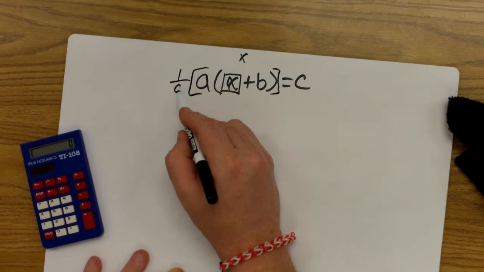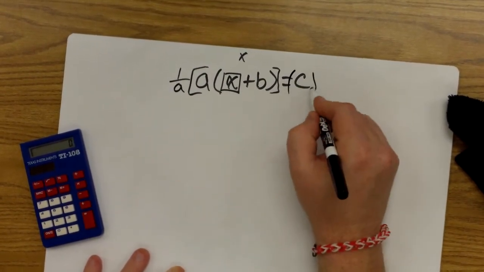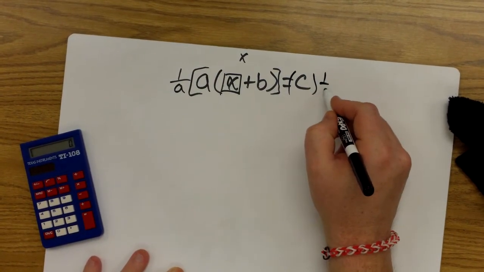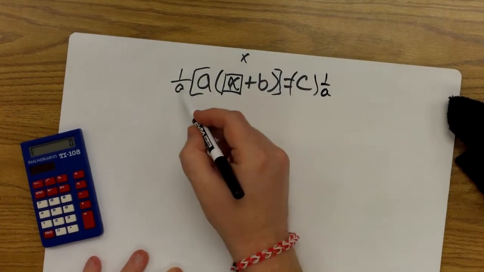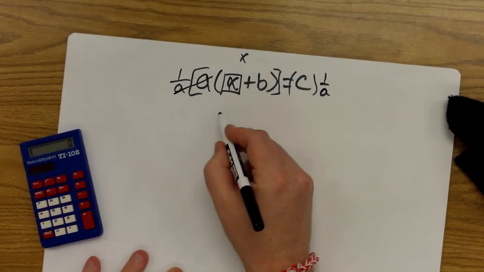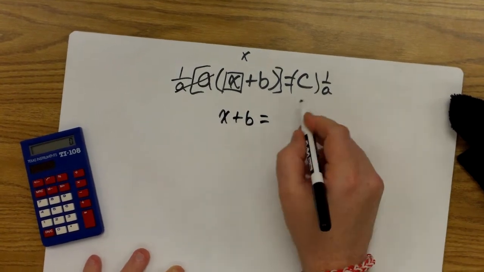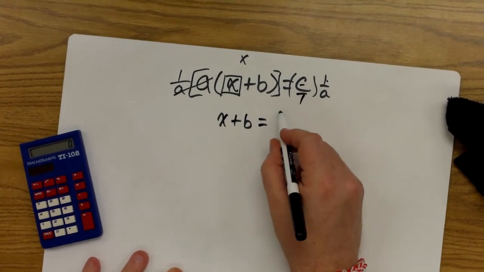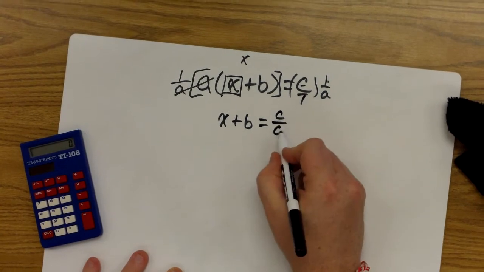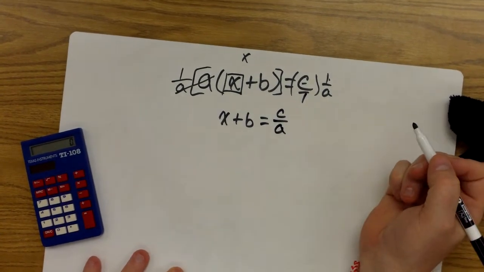So I'm timesing by the reciprocal, which is 1 over A, on both sides. The A's will cancel each other out on this side, leaving X plus B equal to C times 1 is C, 1 times A is A, C over A.